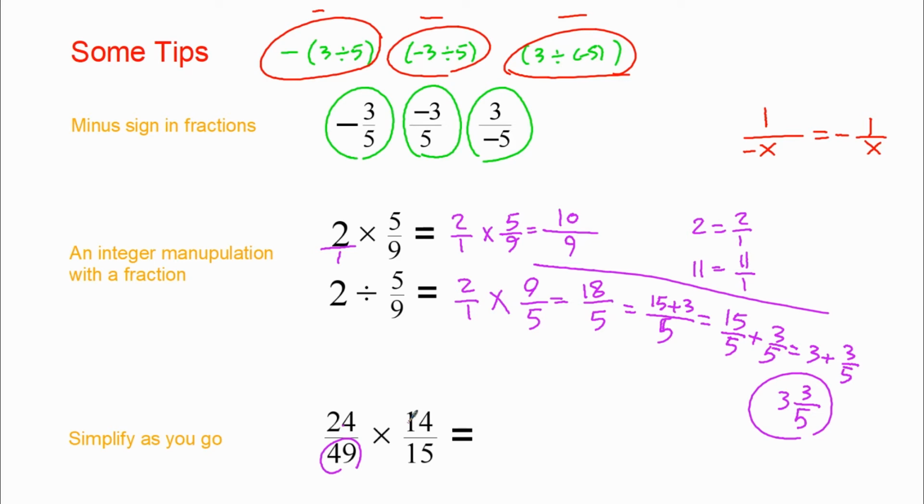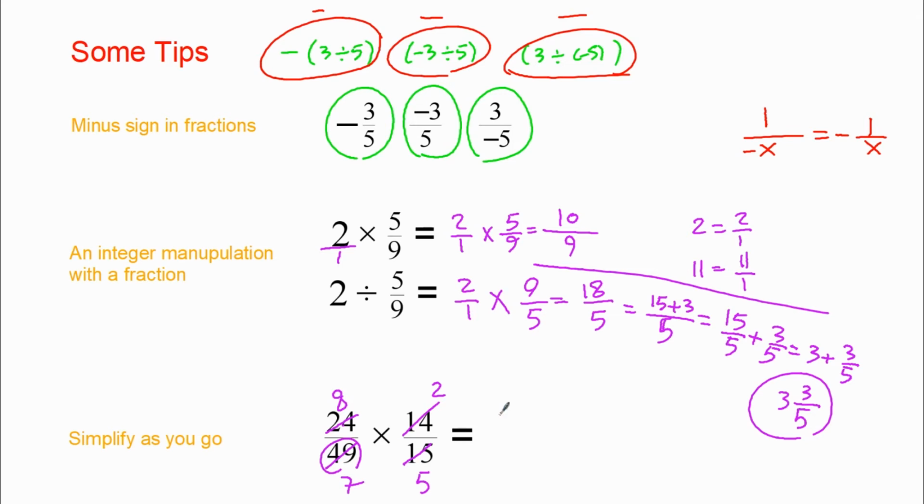So if I look at here, 14 divided by 7 is 2, and 49 divided by 7 is 7. And then I can look at here, 15 divided by 3 is 5, 24 divided by 3 is 8. And I can't simplify any further. I can't simplify 2 with any of 7 or 5, or 8 with any of 7 or 5.